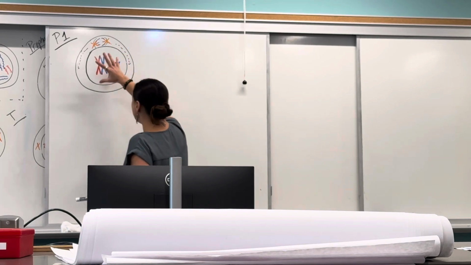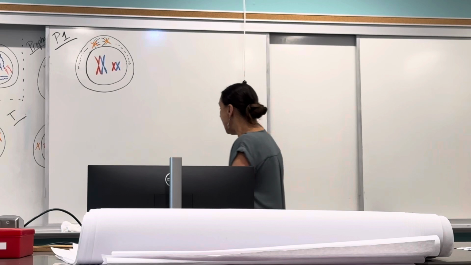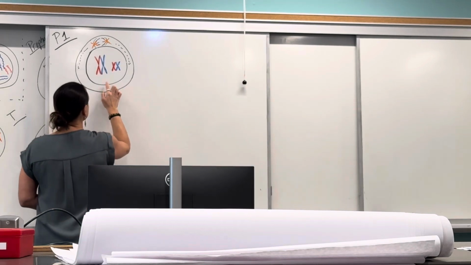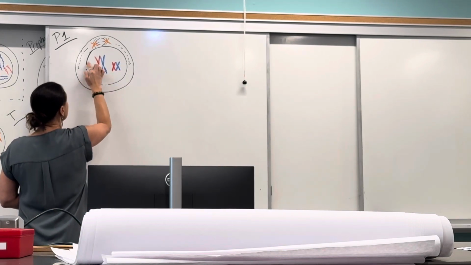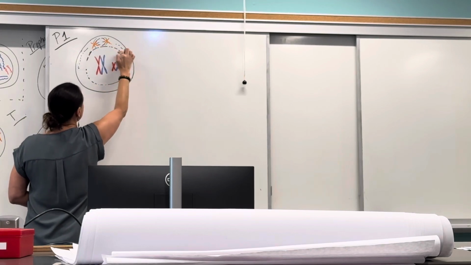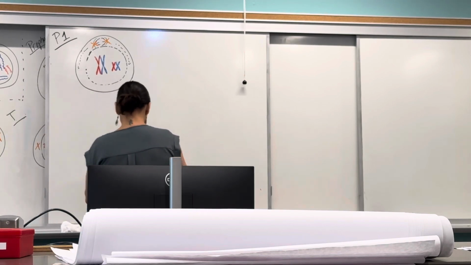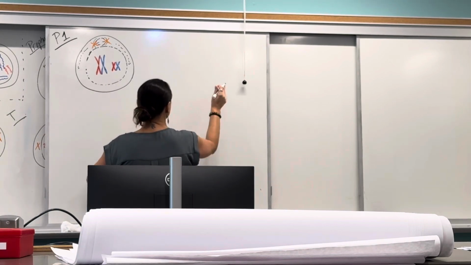We already talked about the chromatin condensing into chromosomes and the sister chromatids being attached to one another. Eventually, and this is important to know, this is going to start disappearing. I'm also going to draw another prophase 1, and then anaphase.